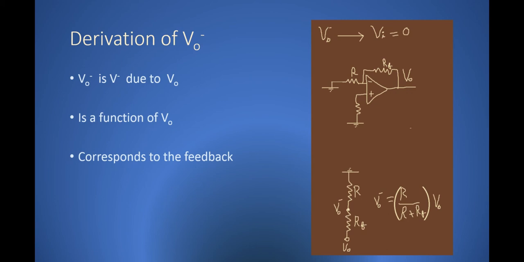So now we can see that we have a feedback from output to the input. This term V naught minus is basically beta V naught. This is the term which contributes to the input, coming from the output through the feedback path.